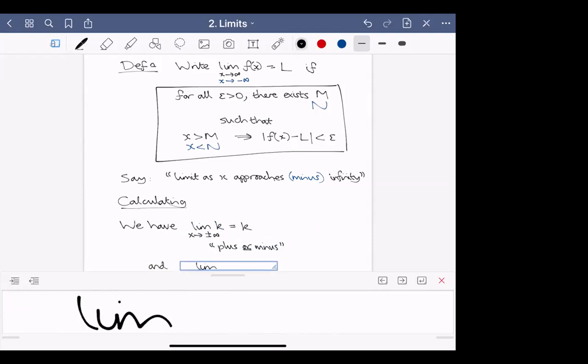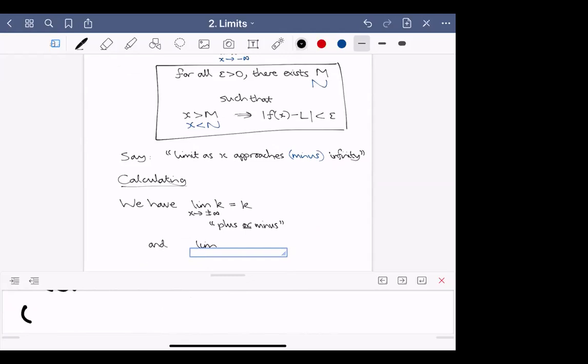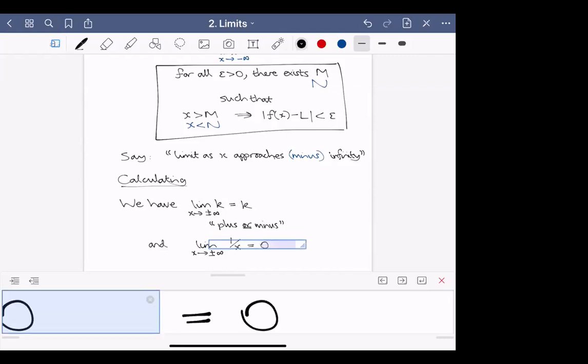And also, we can prove that the limits of 1 over x as x approaches infinity or negative infinity are 0.